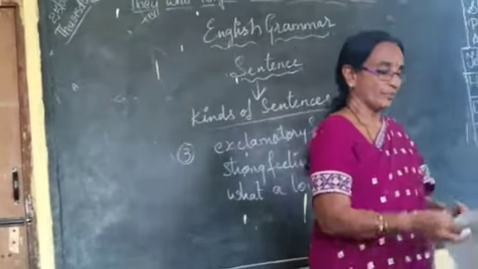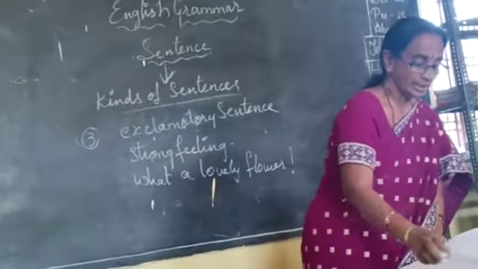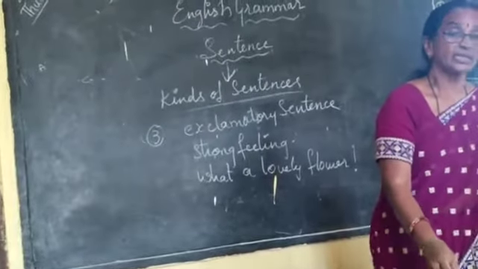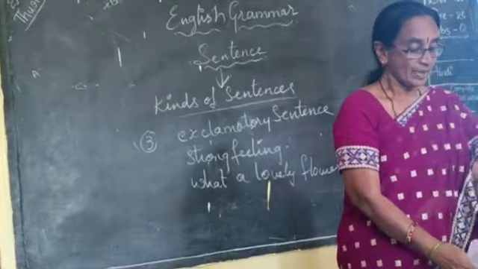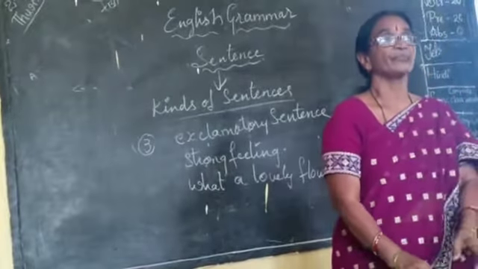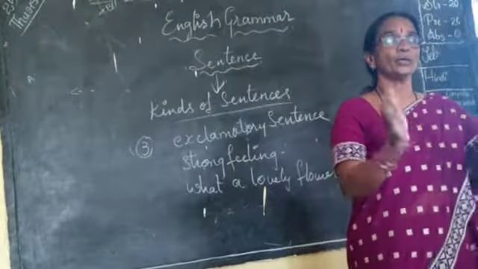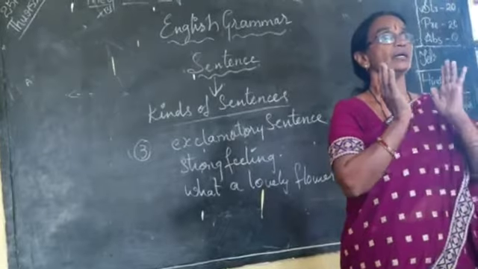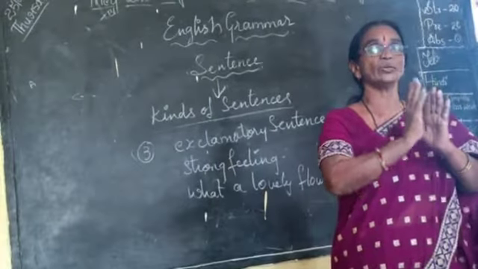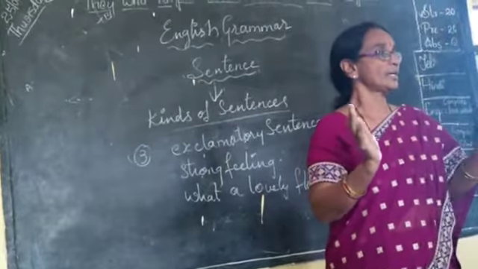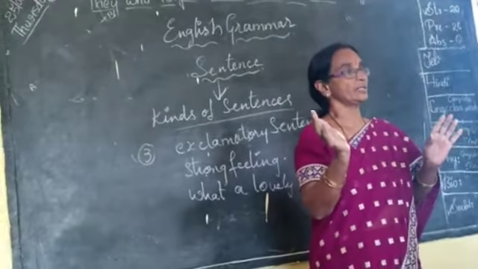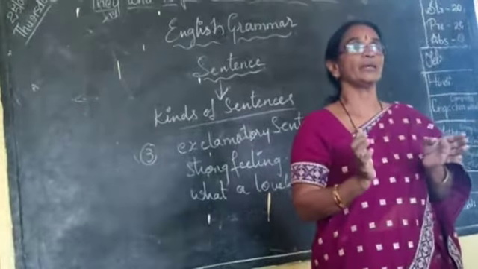So the first thing, let me tell you, a sentence is formed by a group of words, and a sentence is divided into two parts. One is subject, the other one is predicate.